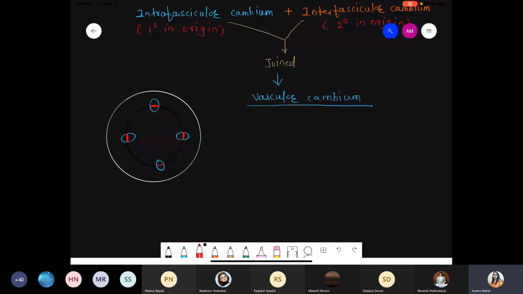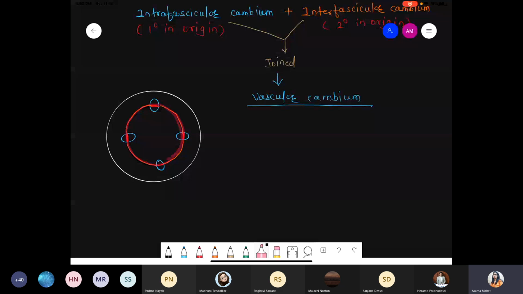Toward the outer side there is the inter. And finally, the inter and intra join with each other like this, and after the joining they form a specific type of cambium called the vascular cambium.